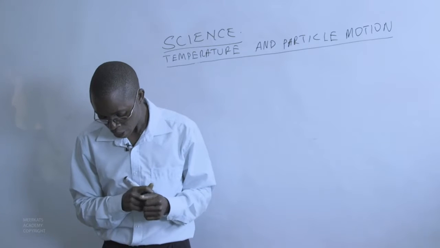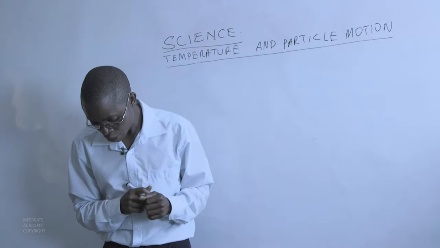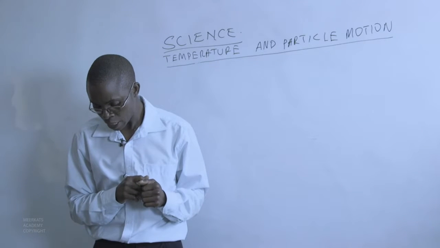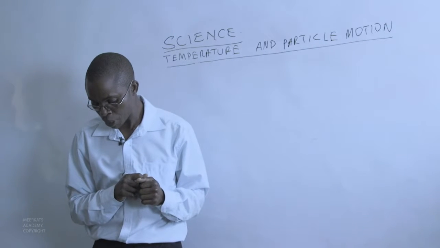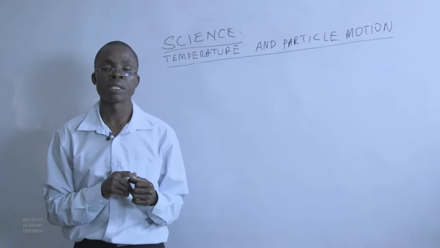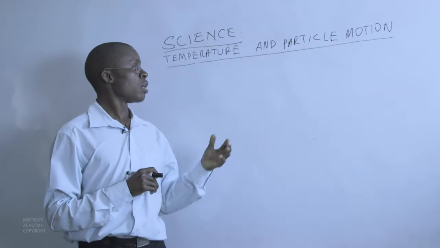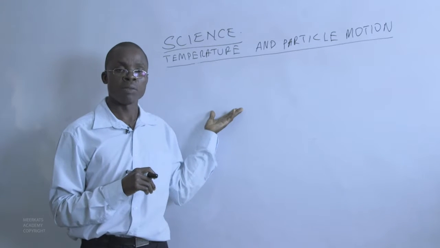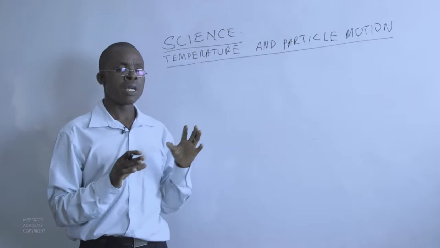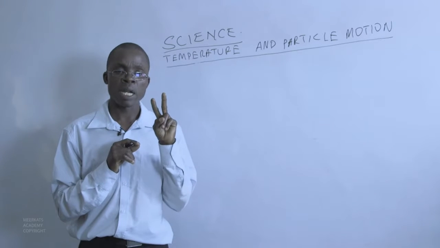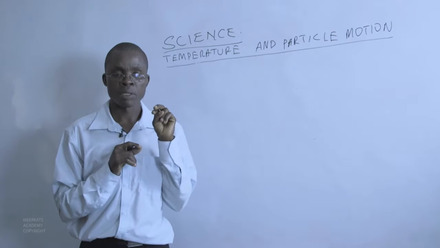Another statement asking us: gas particles at 100 degrees centigrade have dash energy than liquid particles at 100 degrees centigrade. This one takes us back to the opening statements I gave, where we looked at the energy in two states of matter that are at the same temperature.